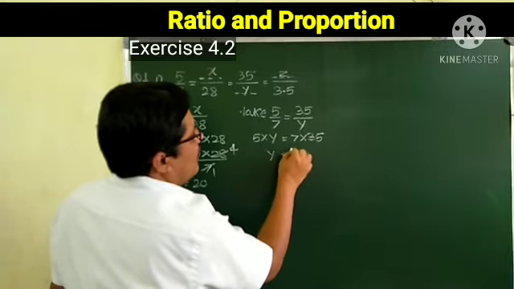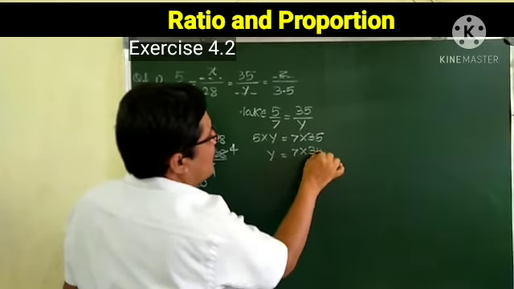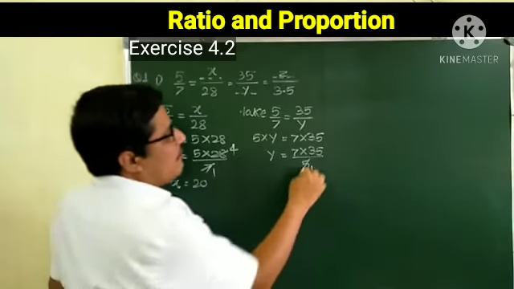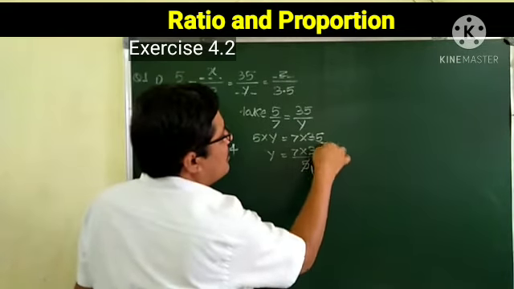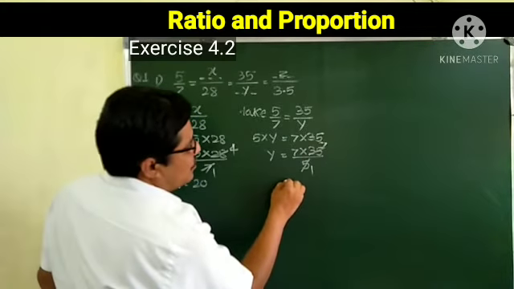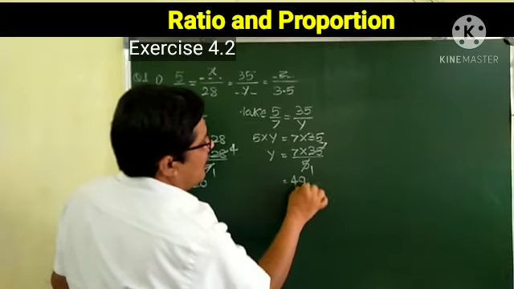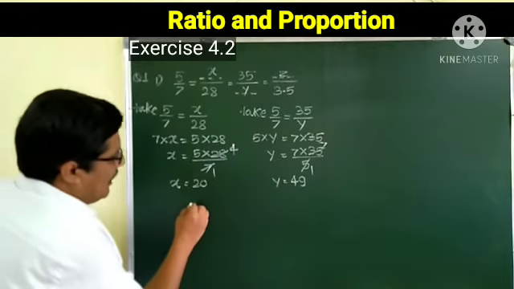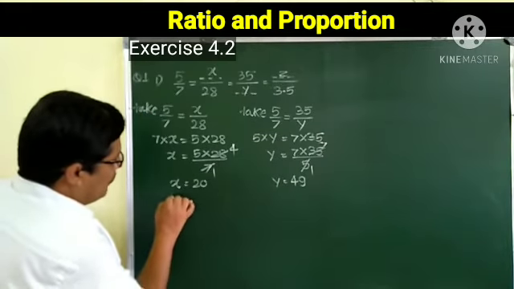So y is equal to 7 multiplied by 35 upon 5. 5 ones are 5, 5 sevens are 35. So 7 sevens are 49. Y is equal to 49.